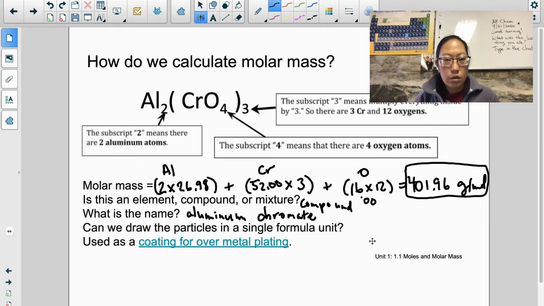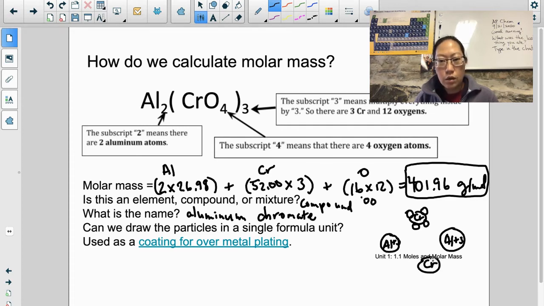Now the particles in the single formula unit are going to be something like this. So we've got Al plus 3, another Al plus 3, and then we have this polyatomic, which is actually covalently bonded. So the polyatomic is Cr with 4 oxygens around it, and there are 3 of these. So Cr, 1, 2, 3.